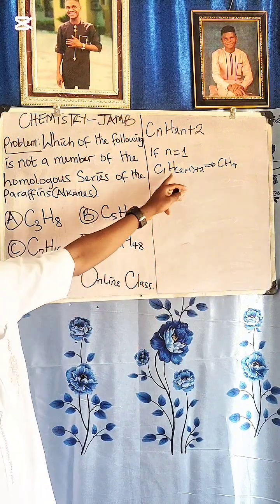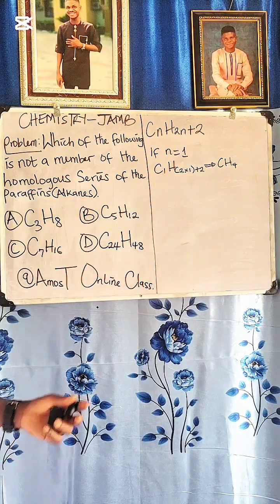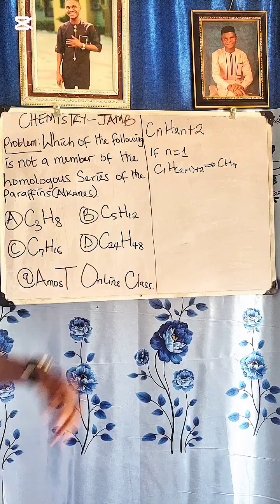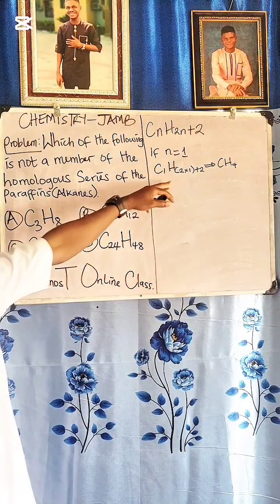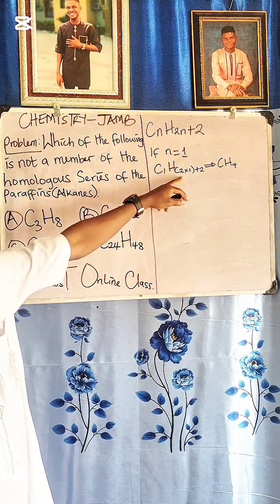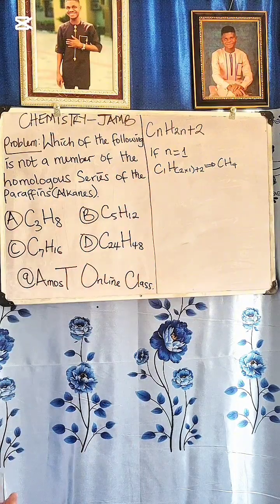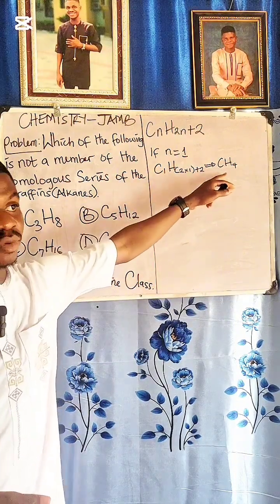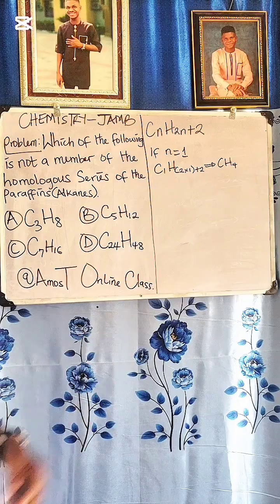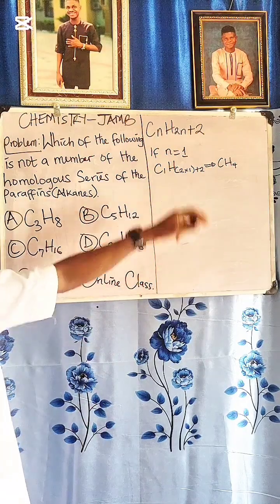C1 is just C, because there is just one carbon atom, and of course we have hydrogen here. Now 2 times 1 is 2, plus 2 gives us 4. So the molecular formula for methane is CH4.